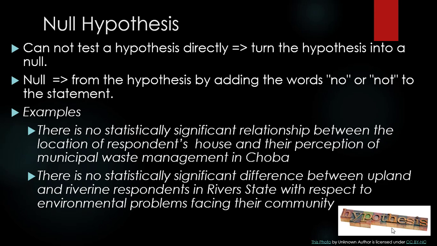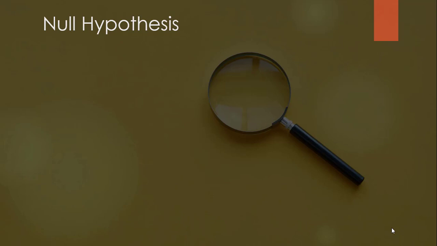So in your chapter 1, you start with there is, but when you get to your chapter 3, when you are writing your methodology and you are stating your statistical techniques and your hypothesis, you are going to state the null hypothesis. But in chapter 1, where you are introducing the work and you are talking about your research question and hypothesis, you are going to state the alternative hypothesis.